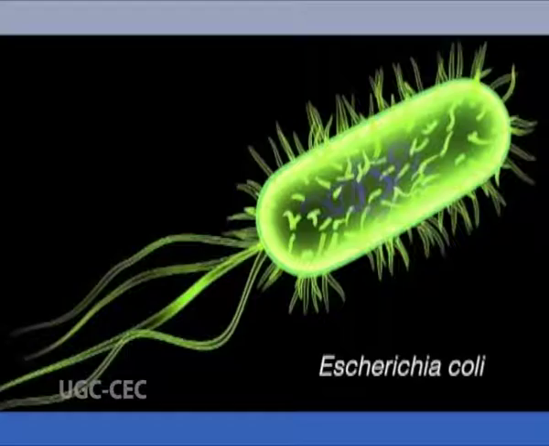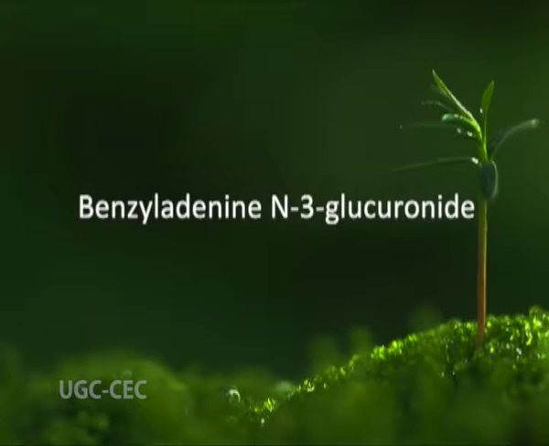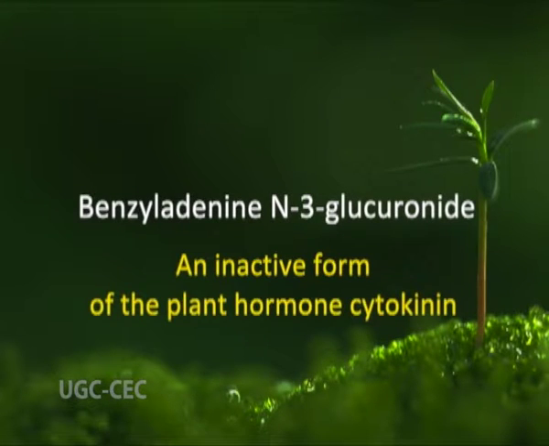The gene Gus codes for the beta glucuronidase enzyme and was isolated from Escherichia coli. This gene is widely used as a reporter gene in transgenic plants. In this system, the selective agent is a glucuronide derivative of benzyl adenine, that is benzyl adenine N-3-glucuronide, an inactive form of the plant hormone cytokinin.